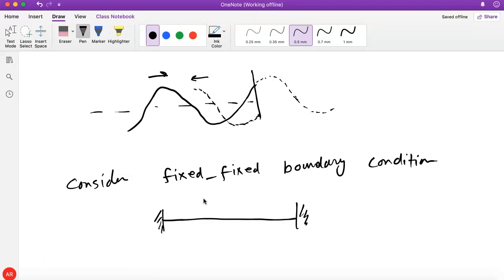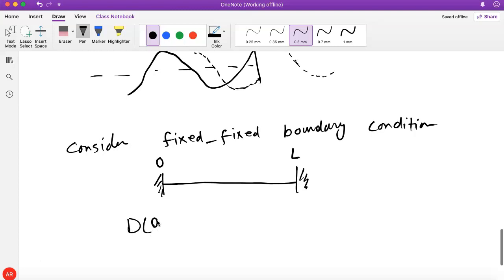So then let's call that 0, let's call that L, right? So we have a string of length L with fixed boundary conditions, which means d of 0 and t is equal to d of L and t at those 2 points here and here. For all times the displacement is 0.